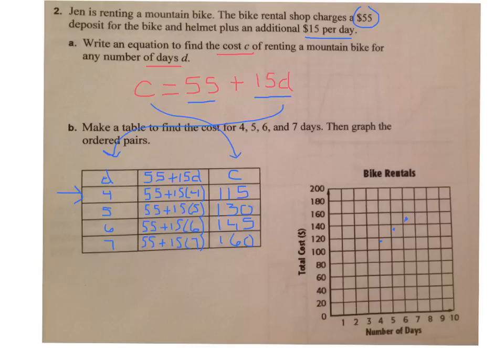And then over 7 up 160. So when we connect those, let's say we have 0 days. That means they don't pay the daily payment, but they're still paying the $55. So at 0, it's still at 55. So then we can connect them.